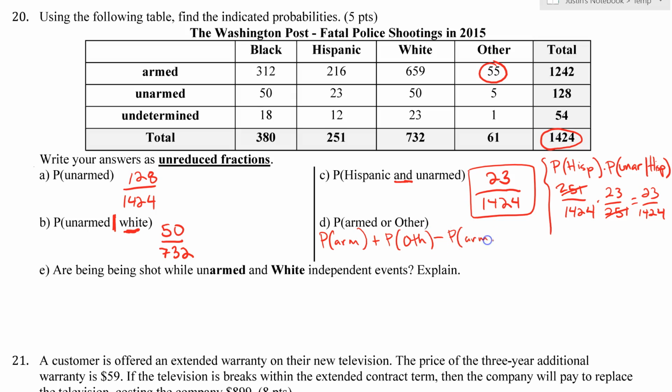Probability of armed and other. So if we put this together, this would be probability of armed is 1242 out of 1424. And then plus the probability of other, which was 61. But then minus the 55 that got counted in both groups. And this would give us our answer of 1248 out of the 1424.